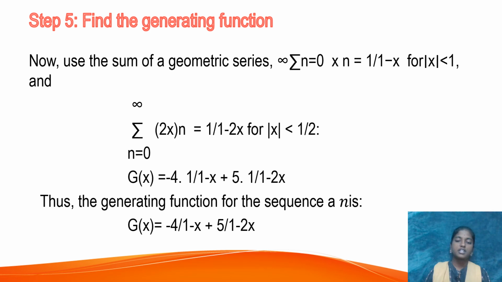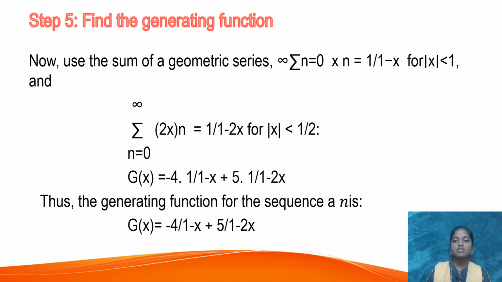Continuing this, we use the sum of a geometric series: sigma n = 0 to infinity of x^n = 1/(1 - x) for |x| < 1, and sigma n = 0 to infinity of (2x)^n = 1/(1 - 2x) for |x| < 1/2. So g(x) = -4·1/(1 - x) + 5·1/(1 - 2x).